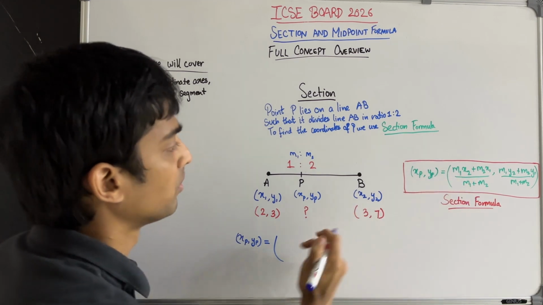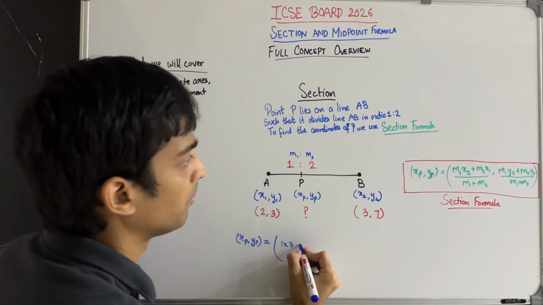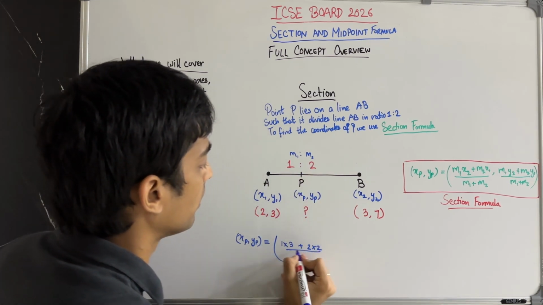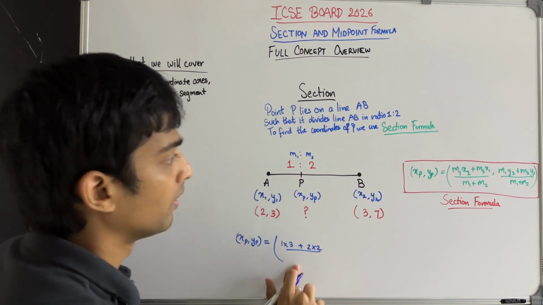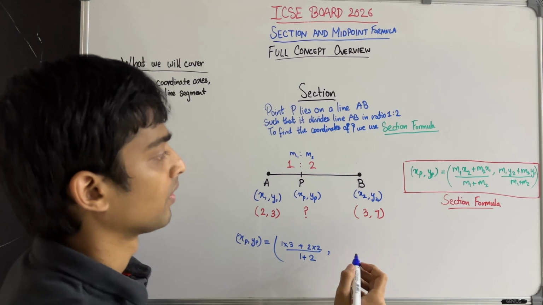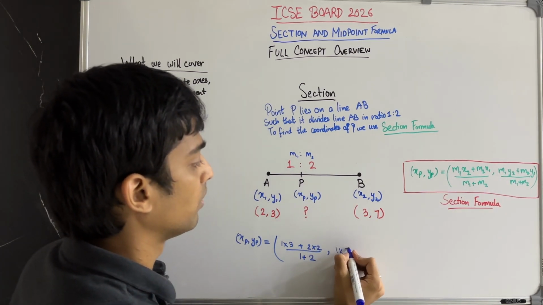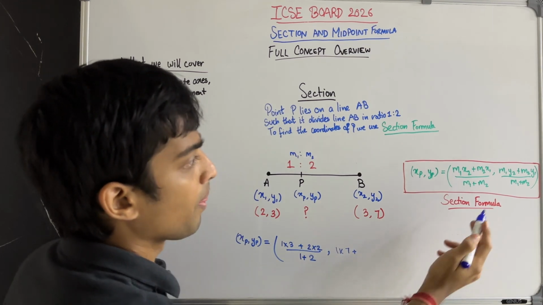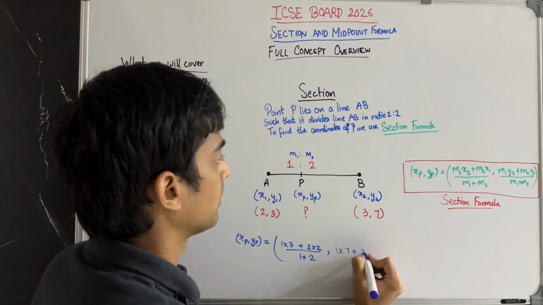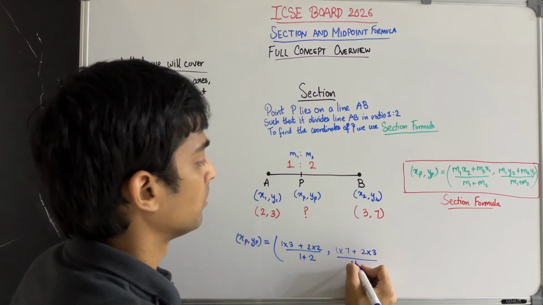So 1 into 3 plus 2 into 2 upon M1 plus M2, so 1 plus 2, comma, M1, y2, 1 into 7 plus M2, y1, 2 into 3, upon 1 plus 2.